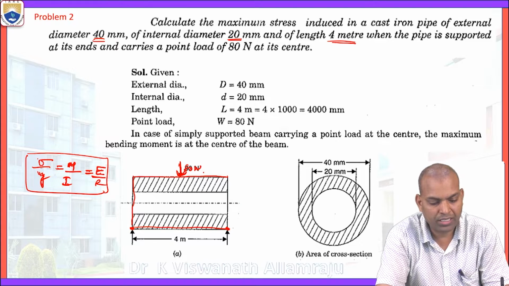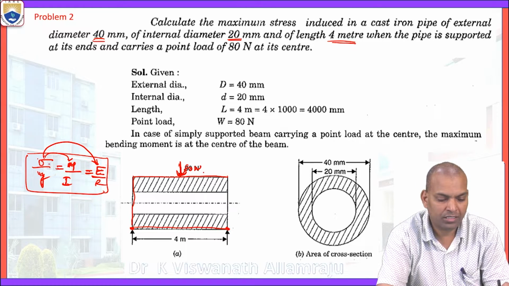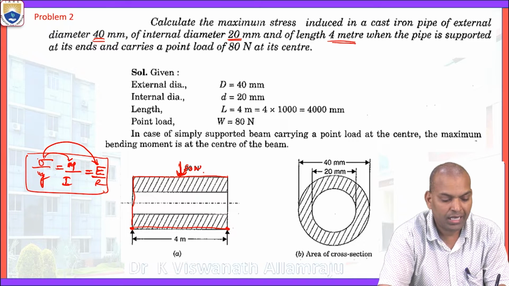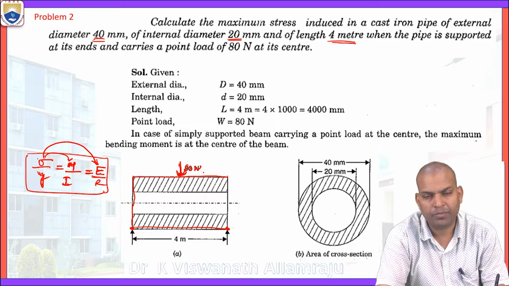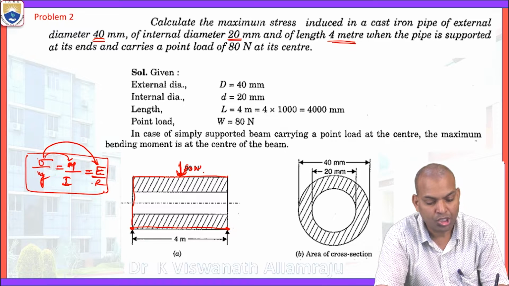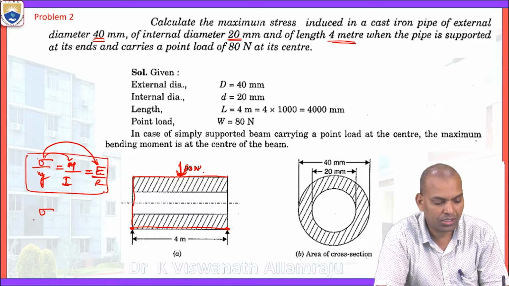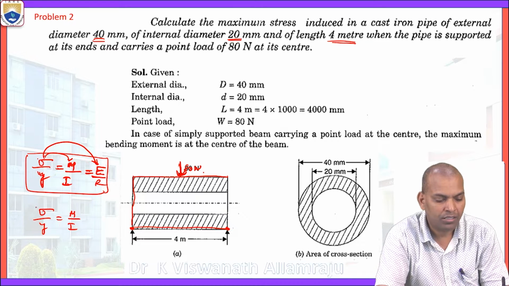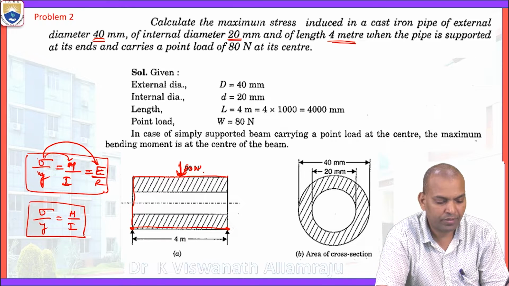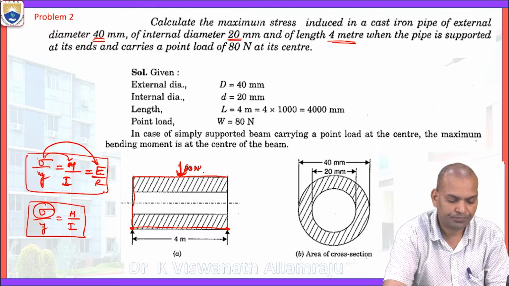Which relation shall we use, sigma by y equal to M by I or sigma by y equal to E by R? Based on the data here, the radius of curvature is not mentioned and the modulus of elasticity of the material is also not mentioned. So we have to use the relation sigma by y equal to M over I. By using this relation, we can find out the sigma maximum.